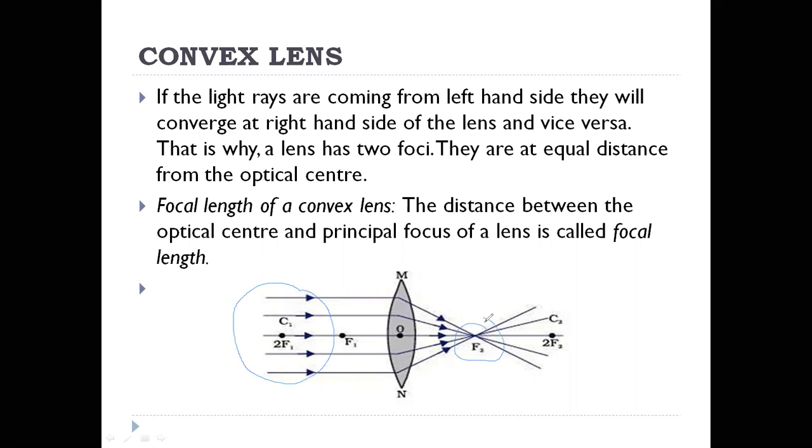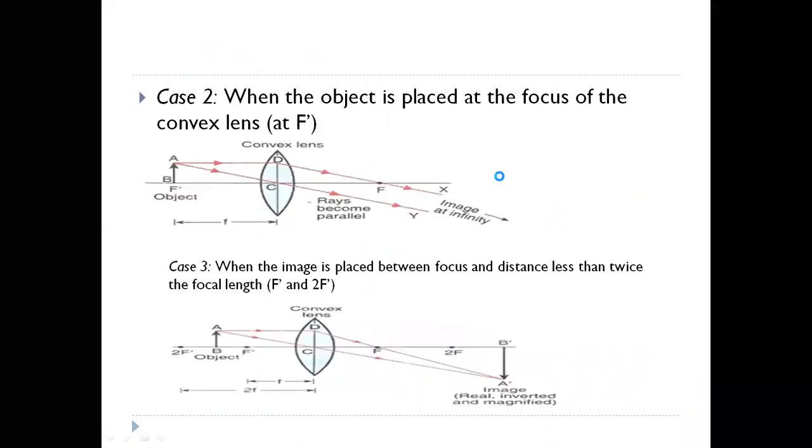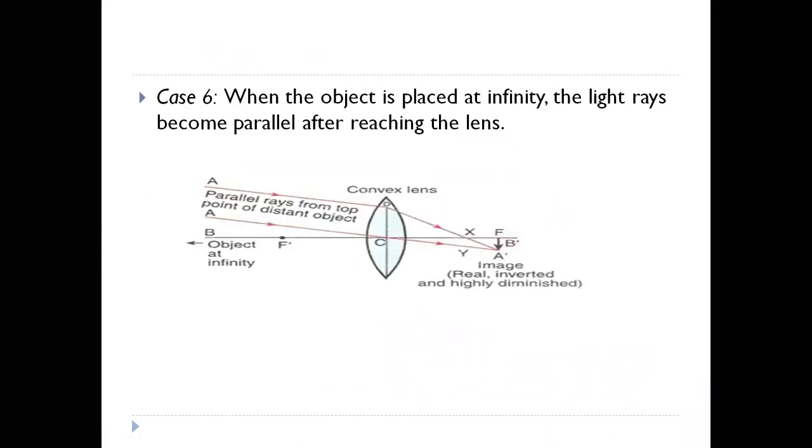You can draw this also and you can draw that also. Both diagrams are similar, but in this one we can show a small image forming at the focus, and in the previous one we can only show a dot. Both are correct. So the image is real, inverted and highly diminished.